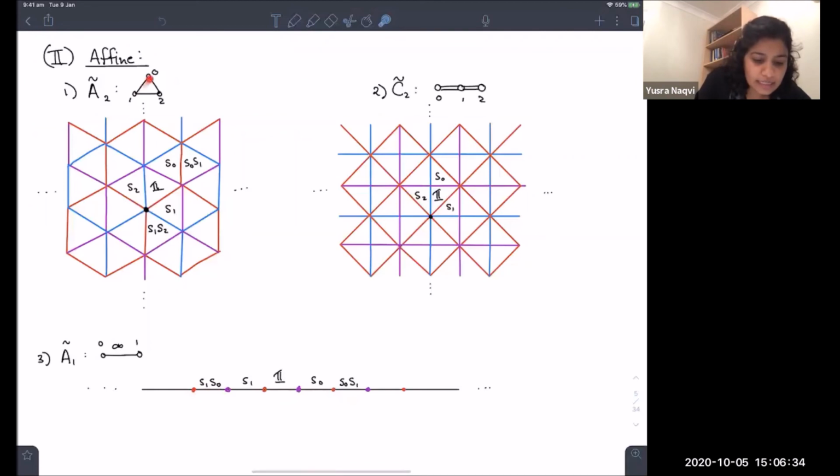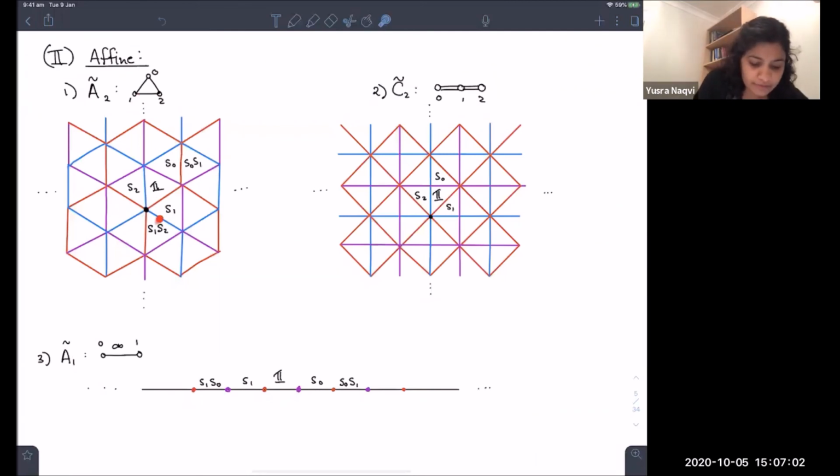So in this first example here of an affine Coxeter group, my Coxeter complex is going to look like a plane. My top dimensional simplices are going to be 2-dimensional and they have 3 faces. I still have the kinds of relations that I had before when I just look at s1 and s2, because if I look at the subsystem s1 and s2, I'm back in the finite case I was looking at before.